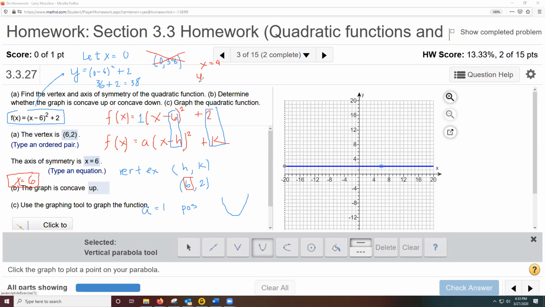All right, if x is 4, then the y value is going to be 4 minus 6 squared plus 2. Okay, that's going to be negative 2 squared plus 2. But negative 2 squared is 4. So this is 4 plus 2, which is 6. And that looks good because that's going to be on the graph. So we have x equal 4 and y equal 6 in this point. So I'm going to write it as 4, 2.